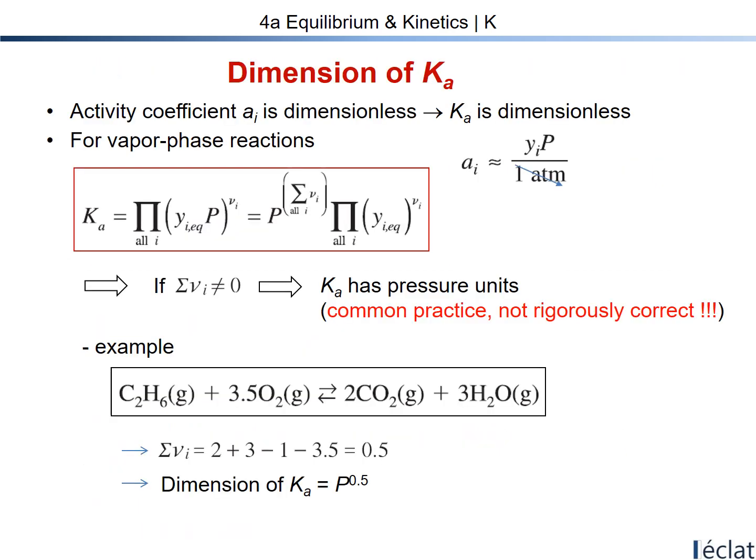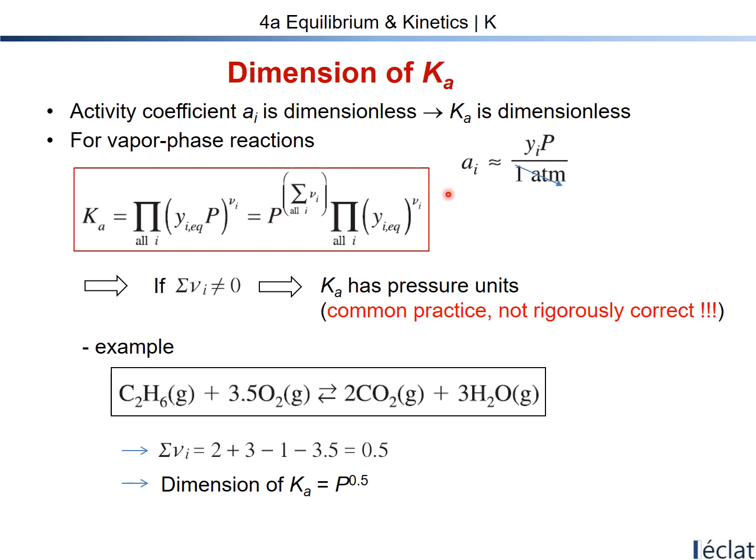Let me think about the dimension of the equilibrium constant of activities. Activity coefficient a sub I for species I is basically dimensionless. So the equilibrium constant of activity should be dimensionless. However, practically, sometimes the equilibrium constant would have a unit, especially for vapor phase reactions.